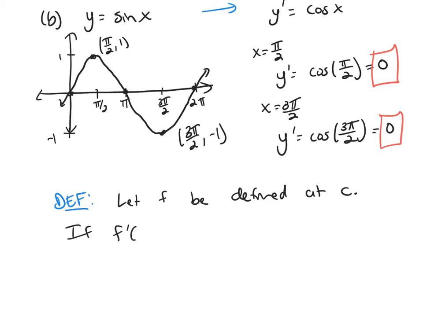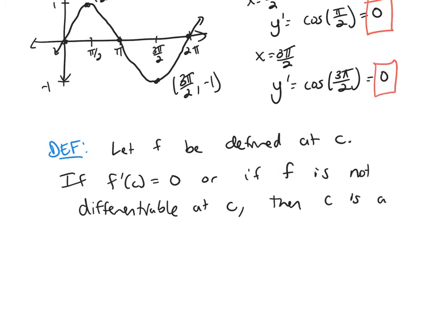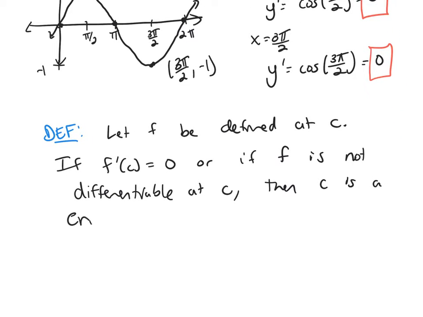If f prime of c is 0, or if f is not differentiable at c, then c is a critical number of f. So either your derivative needs to be 0 or your derivative is undefined.